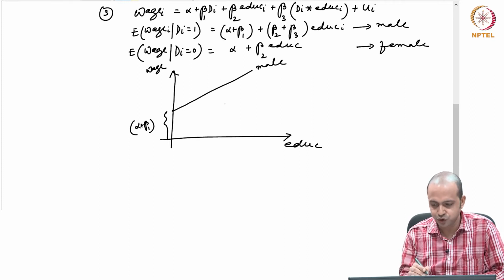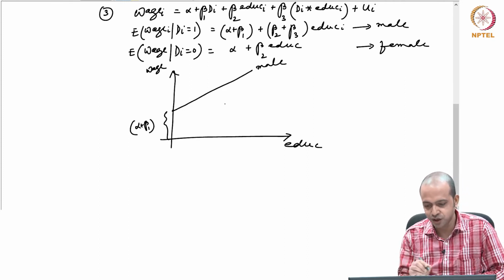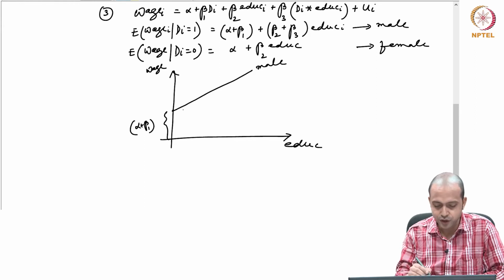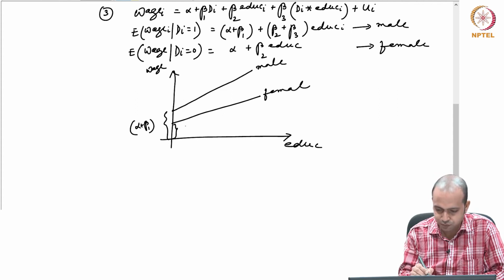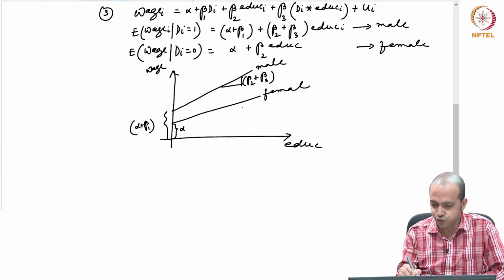Assuming alpha, beta 2, beta 3 and all the coefficients are positive, this is female, so this intercept is only alpha, and the slope for the male is beta 2 plus beta 3, while the slope for the female is only beta 2.